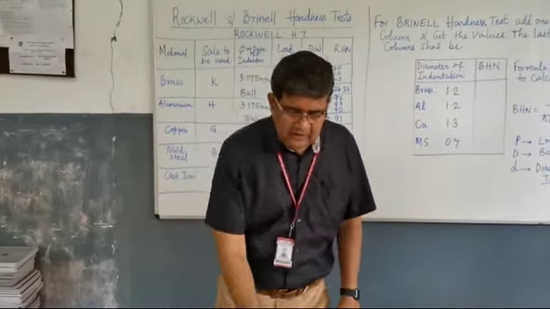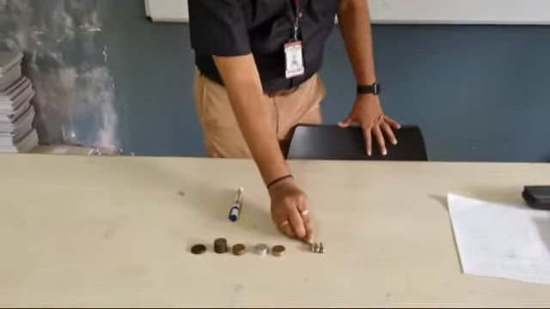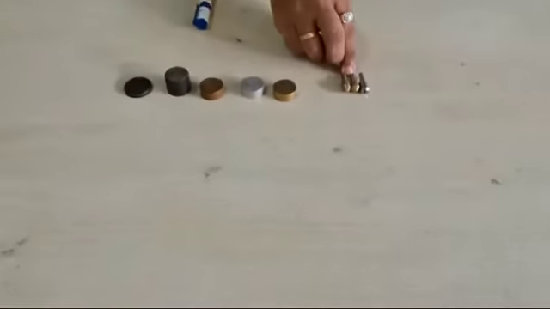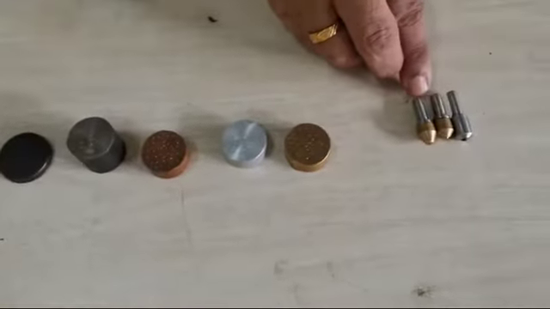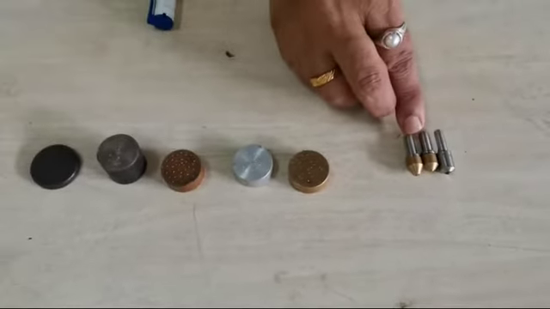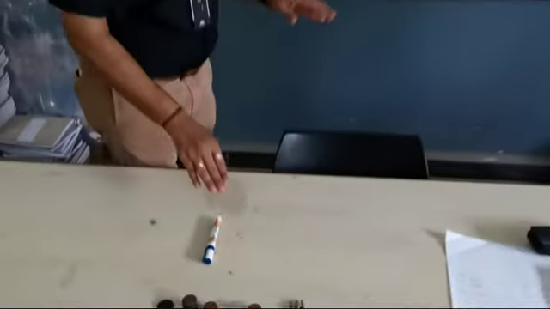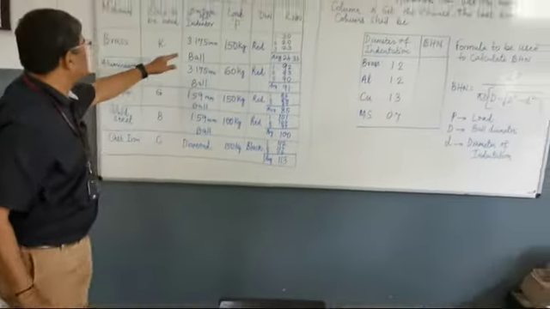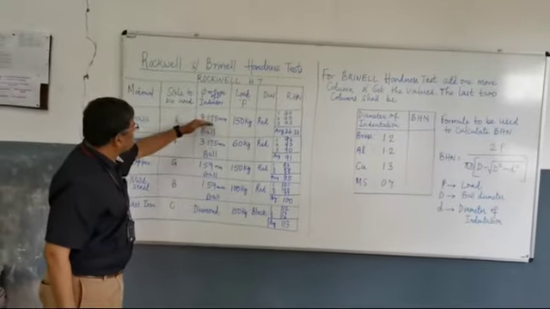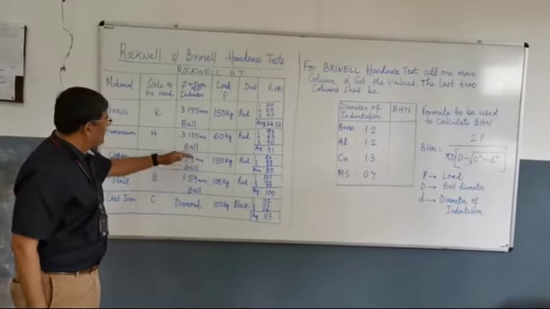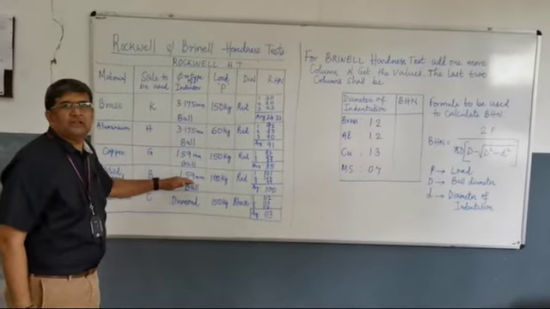Here you can see there are different types of indenters. Normally they are specified as 1/8 inch, 1/16 inch and a diamond indenter. Here those values have been converted into millimeters. These two represent 1/8 inch and these two represent 1/16 of an inch.